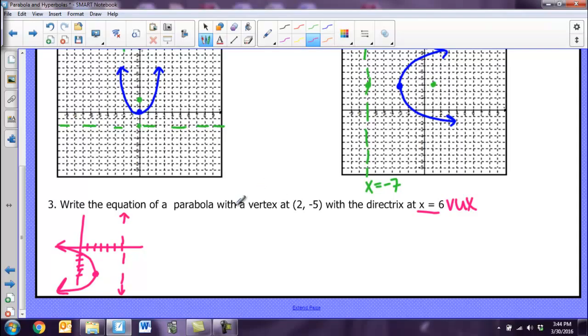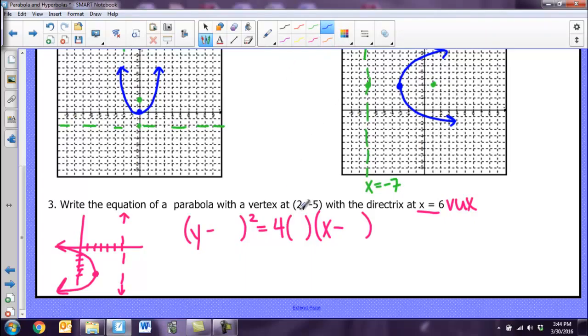So at this point, I could already fill out part of my equation. I already know that my y is going to be the squared term. And I already know that there's going to be a 4 times some p-value, and then my x coordinate, not squared, because we're obviously a parabola, duh. So now I can use the pieces that I do know. So I do know my vertex, so I can just plug in my 2 and my -5.